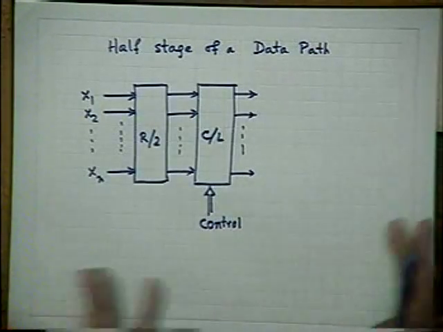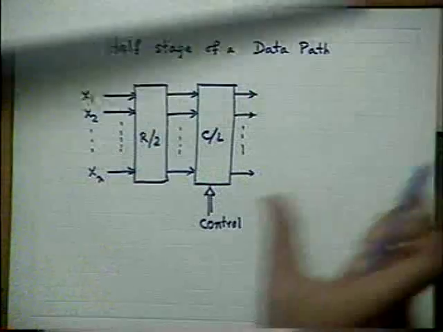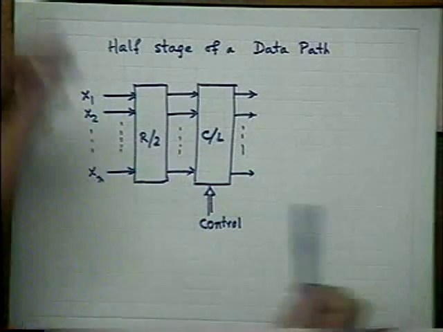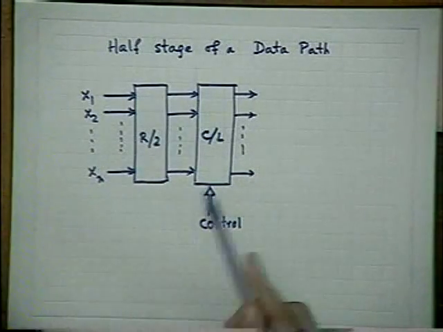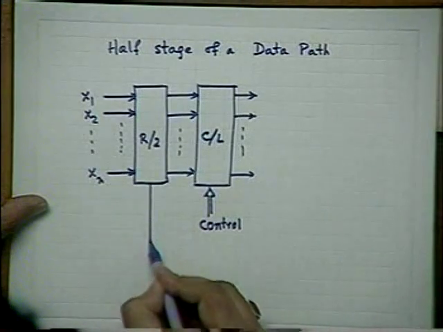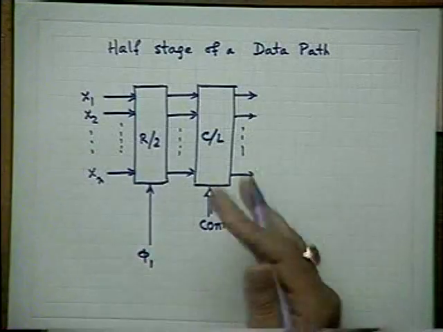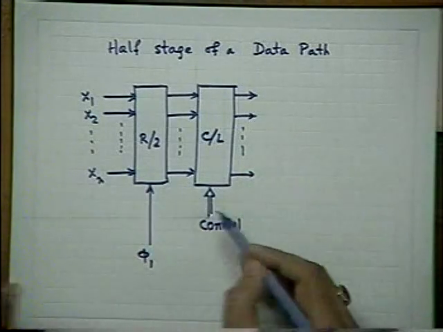So just by cascading them, you produce the full pipeline data structure as indicated in this case. That is nothing but the repetition of the same thing while cascading them. Here R1, R2, etc., I have not shown. This has to be connected by Phi 1, and this is for the control signal.